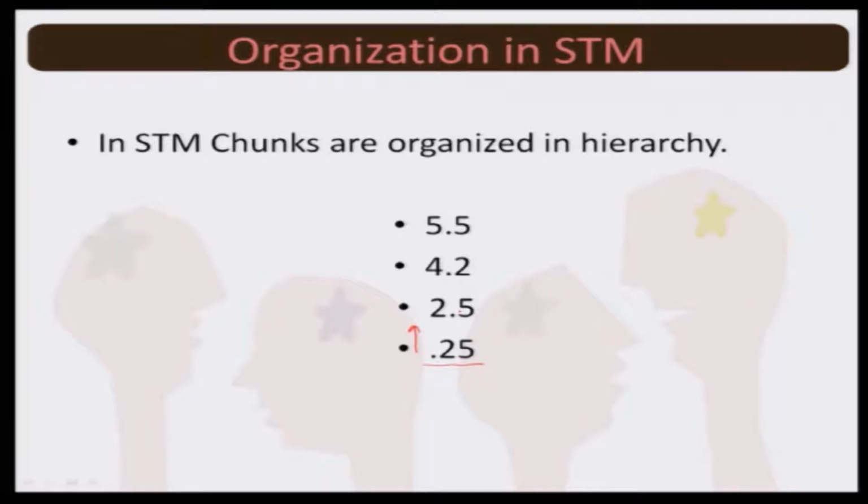Now, it becomes 2.5. You can use different strategies to memorize this information, but one interesting thing is that the first number was 0.25, then this moved up and the decimal position changed. So, basically you remember only one set with repositioning of the decimal point.